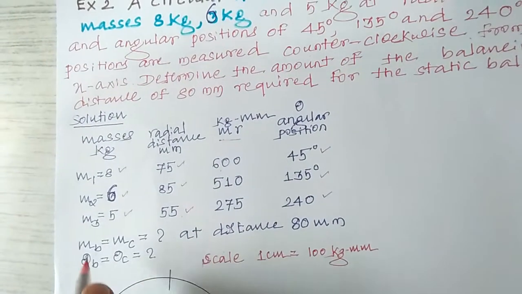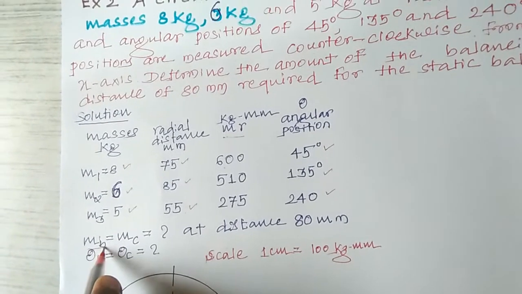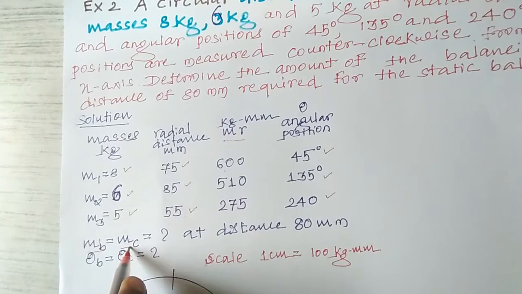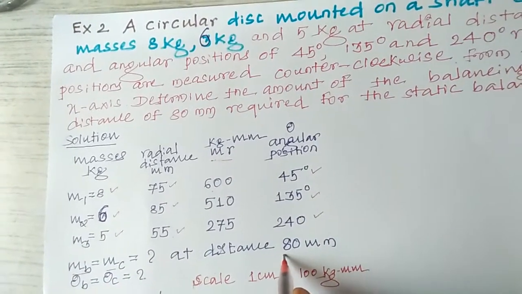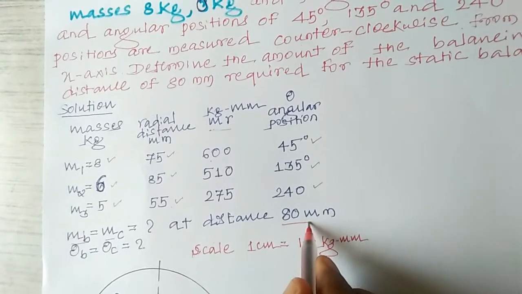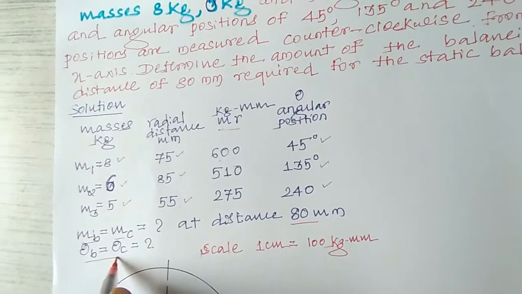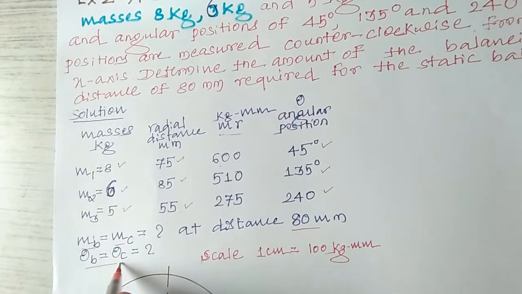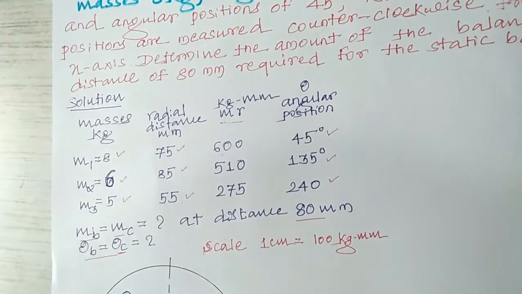They ask you to find the balancing mass, or counterbalance, that is the counter mass, at the given radial distance of 80 mm, and you also have to find the orientation, theta b, of the balancing mass. For this, I have taken a sectional side view.